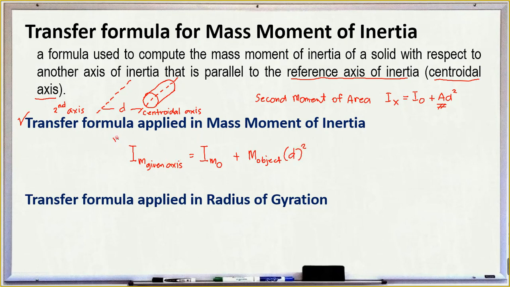So this is our general formula for the mass moment of inertia on a different axis aside from the centroidal axis.